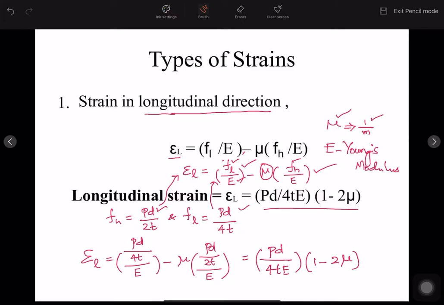Right? So this is the equation to solve the longitudinal strain value in a thin cylinder.